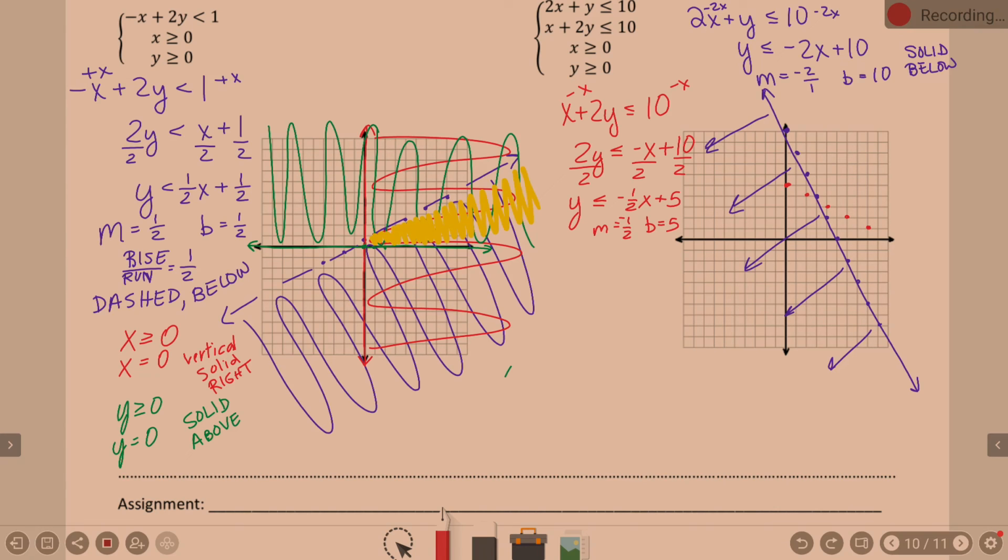Okay. x plus 2y less than or equal to 10. Get y by itself, I'm going to subtract x. 2y less than or equal to negative x plus 10. Divide by 2. y is less than or equal to negative 1/2 x plus 5.